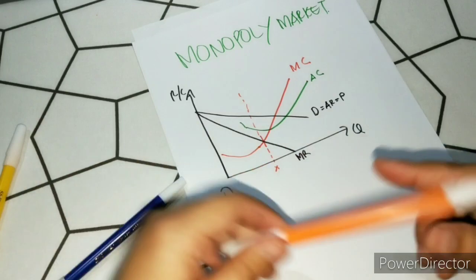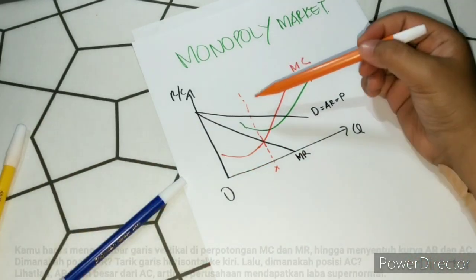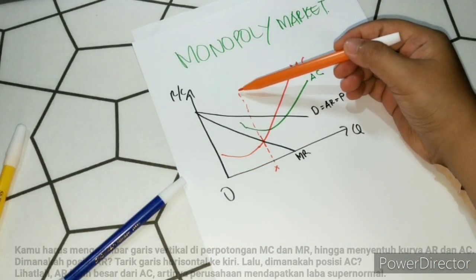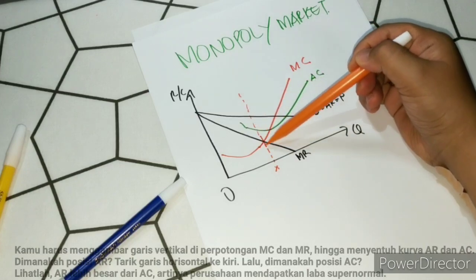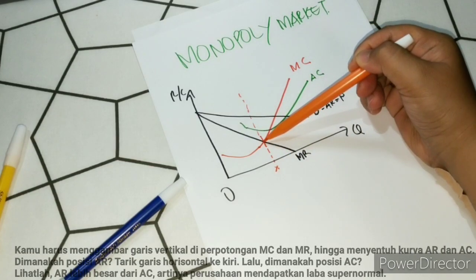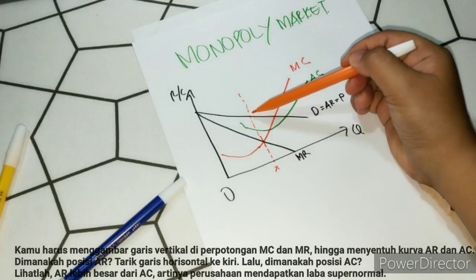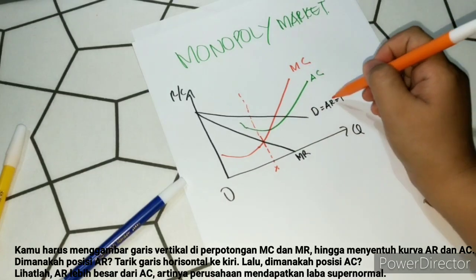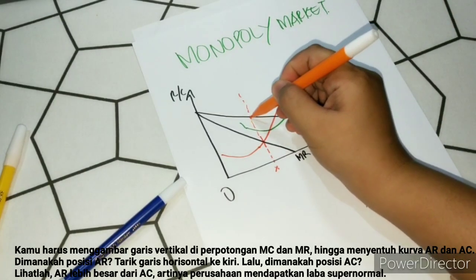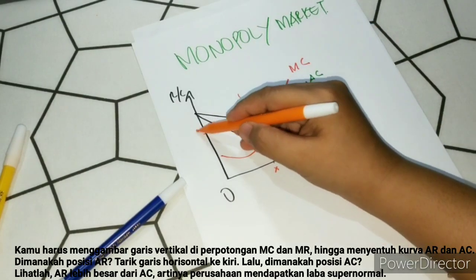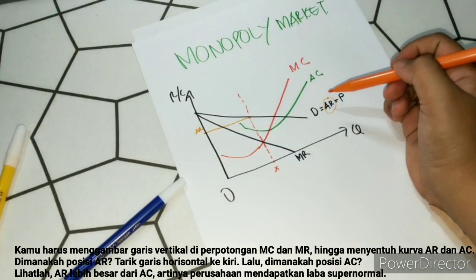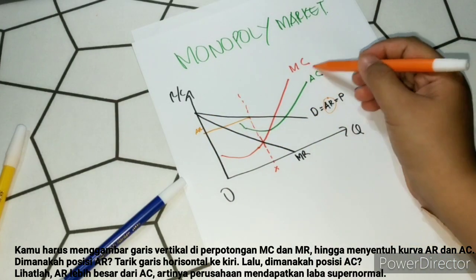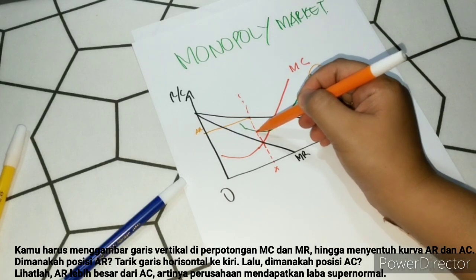Can you guess? You have drawn the vertical line at the crossing of marginal cost and marginal revenue, and on this vertical line you have to find out where the average revenue is, this one. So the average revenue is here. Next is the average cost. The average cost is here.